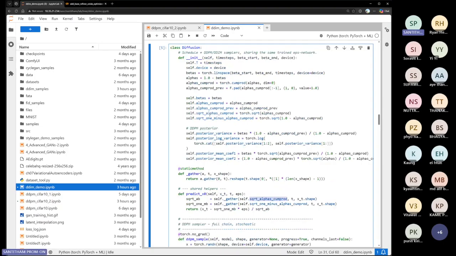Okay, here the alpha cumulative product, which is the square root of the alpha cumulative product. The square root of this alpha cumulative product comes from the alpha cumulative product here, and the alpha cumulative product is the cumulative product of alpha. So if you remember, last time we also had something like this. It's the way that you determine the current version of the noise, right? Calculate the cumulative product of alpha.